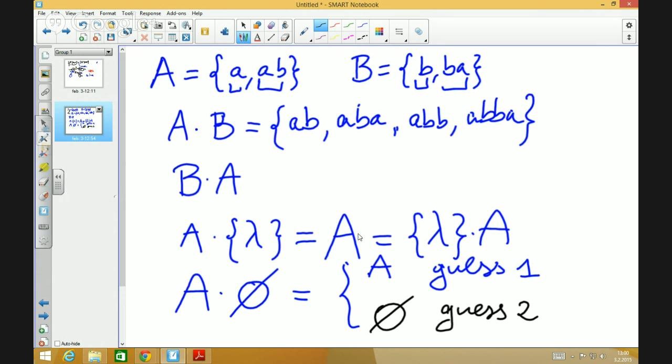Houston, we have a problem. How many strings can you build this way? Take some string from A. That might be okay. But the second step says, take some string from the empty set. There's nothing in the empty set. I cannot do that. So can you ever build any string in the concatenation?